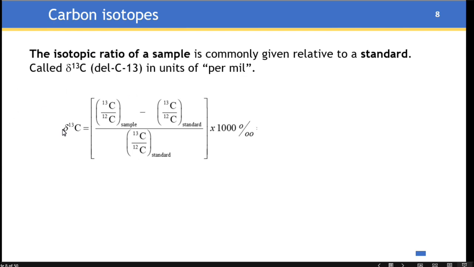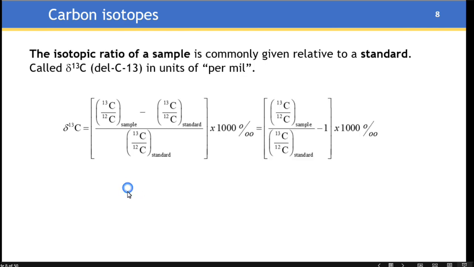So in other words, del C13 is the difference between the 13 to 12 ratio for a sample and the 13 to 12 ratio for a standard, all divided by the standard, and that times 1,000. These turn out to be very small numbers, so you multiply by 1,000 to get it into something that looks reasonable, like 20, 30, minus 20, minus 30.